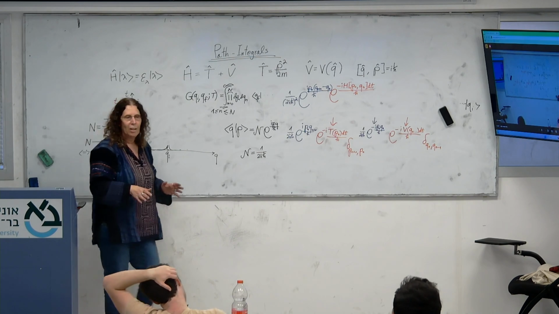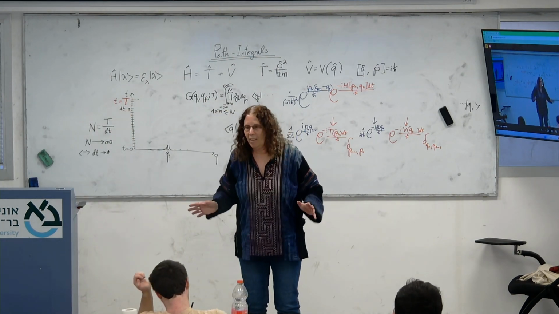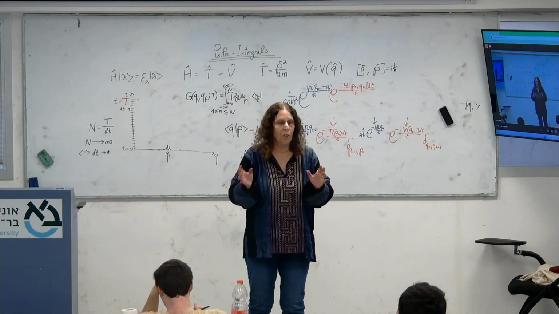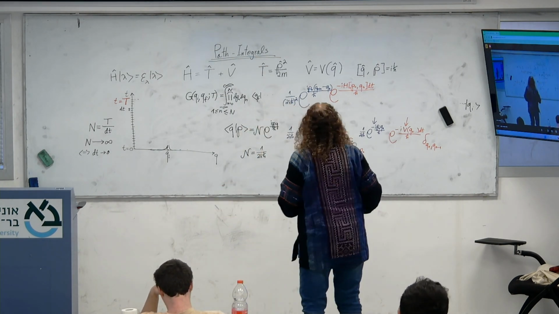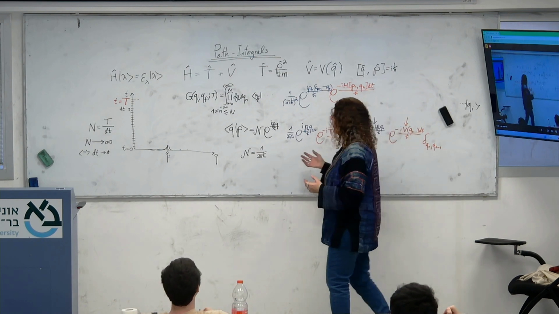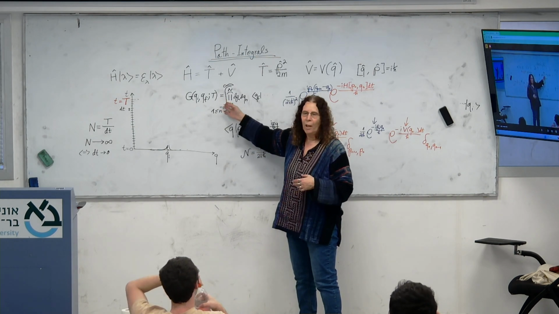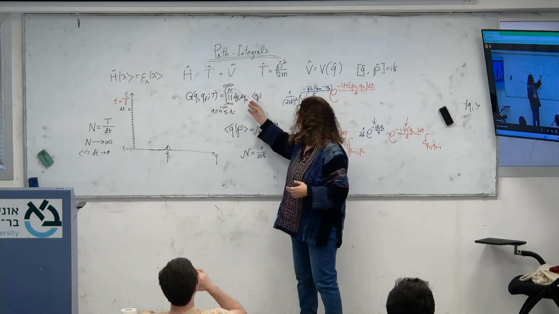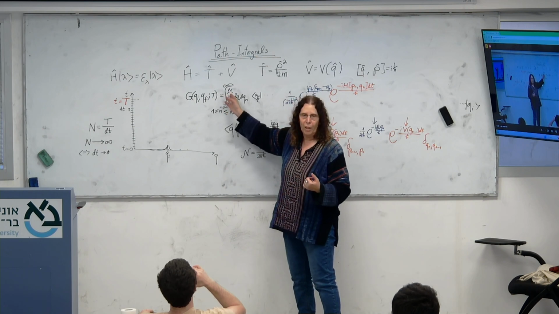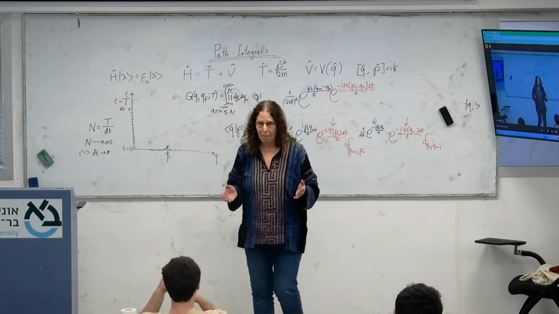So what we did in our process, we essentially eliminated the operators. We eliminated the non-commuting object, and mathematically, the price we pay for it is that we have an integral over many, many variables. In fact, we are going to go to the limit that n goes to infinity, so that the number of steps is infinite.